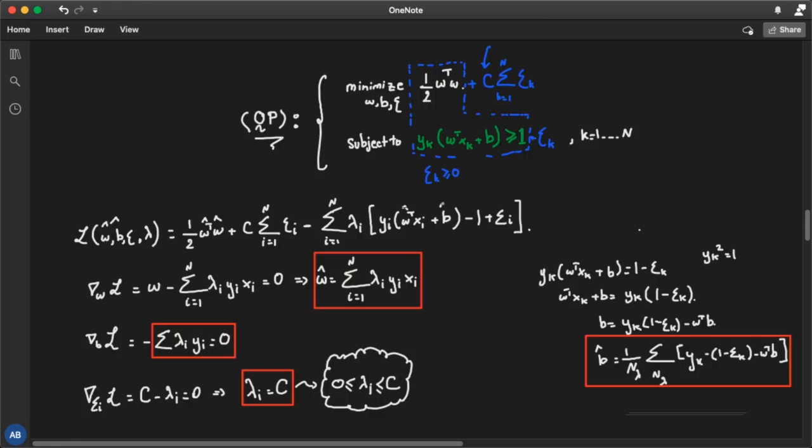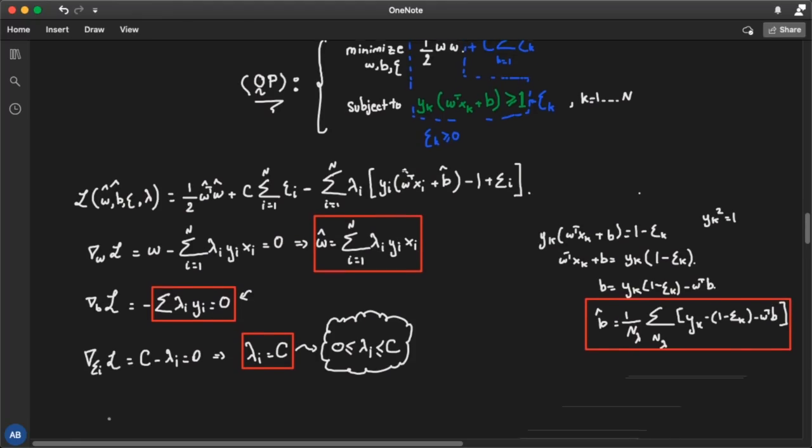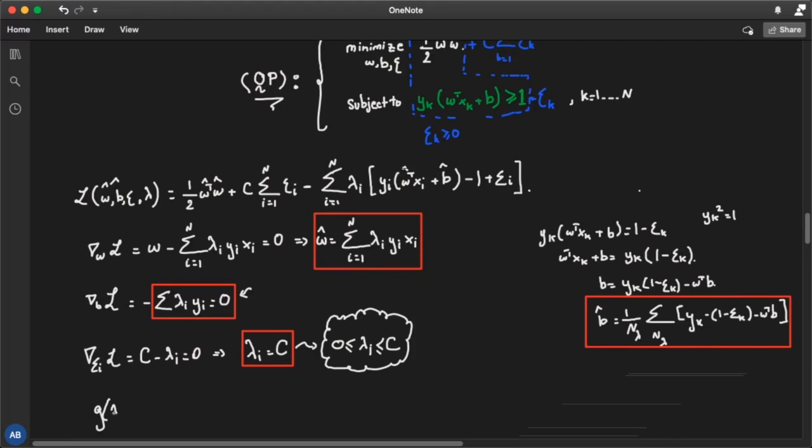we have that the sum on lambda I, yi times B hat, has to be 0 because of this condition over here. So this term is gone, and this term is actually combined with this term to give me, going down here, a minus half W hat transpose W hat.